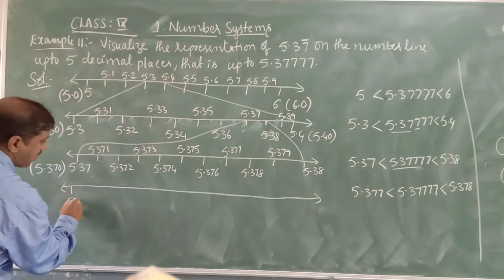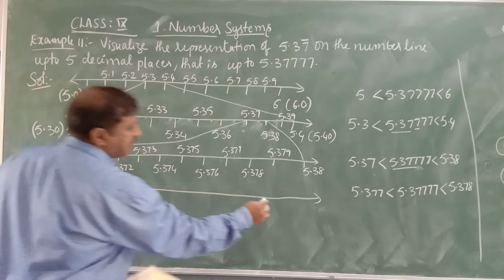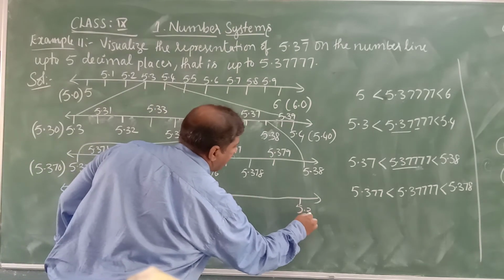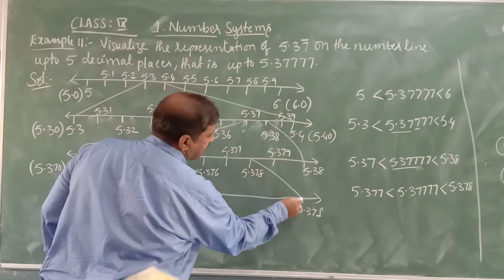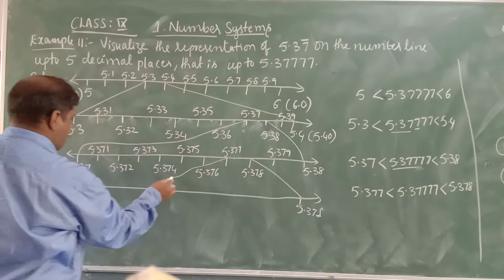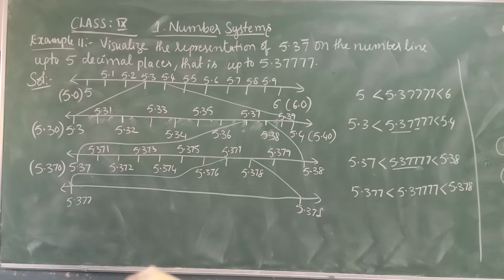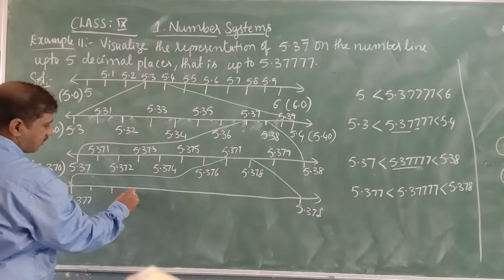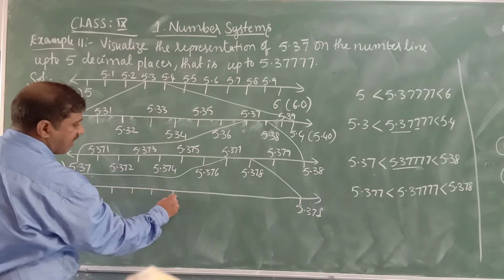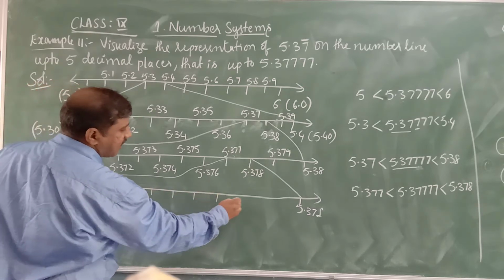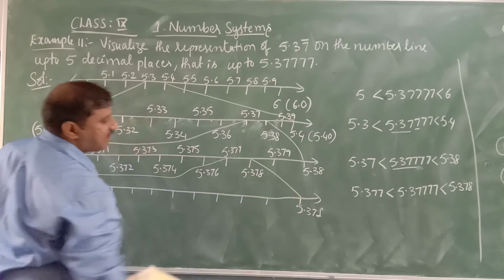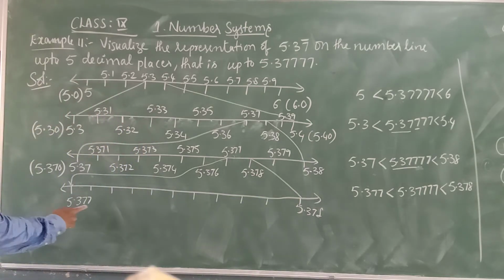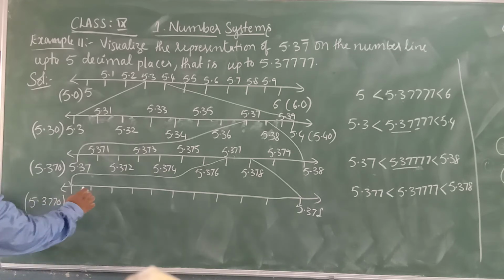This is 5.377 and this is 5.378. You have to divide it into 10 equal parts: 1, 2, 3, 4, 5, 6, 7, 8, 9 and 10. So 5.377 means 5.3770, and the fourth digit comes across now.